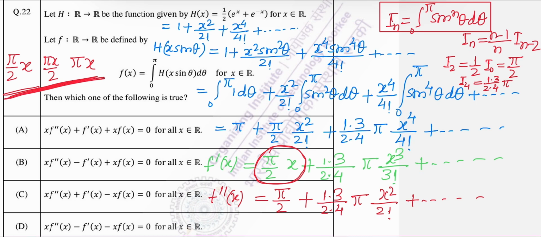In these 3 we have to attach plus or minus, so that the result will be 0. And the first thing you have to keep in mind is that with x f dash x, in all options there is a plus sign.